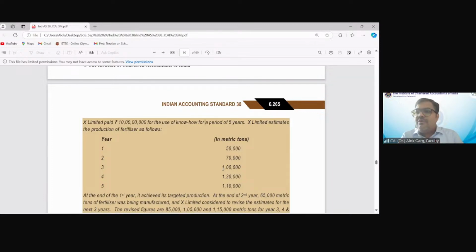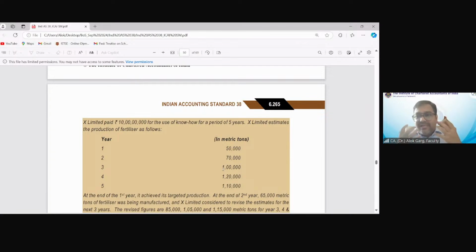No. Suppose I bought a salt formula from a pharmaceutical company, that if I mix sodium into carbohydrate plus nitrogen, it will be able to kill the malaria virus. I have paid 10 lakh rupees for that formula, but I'm not doing any manufacturing of that medicine. Will I be able to get the future economic benefit out of that formula? The answer is no.